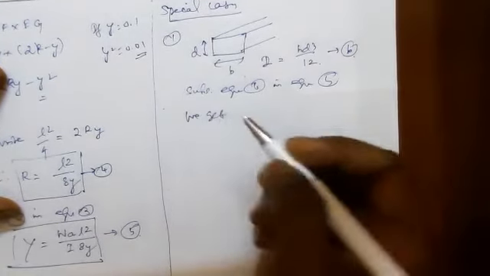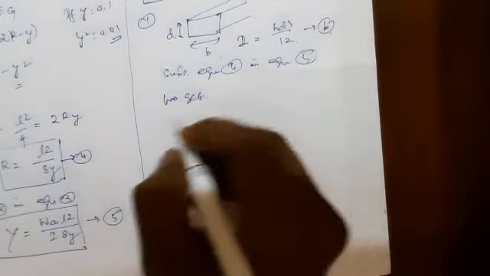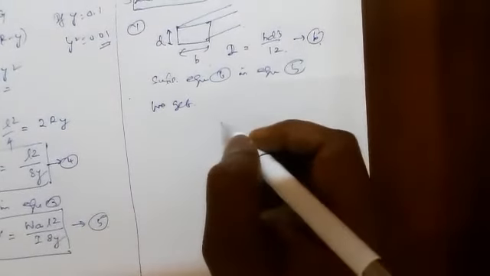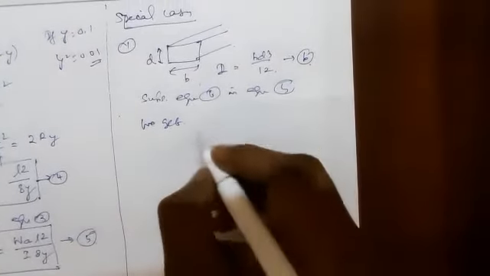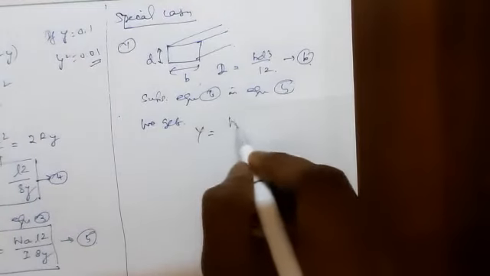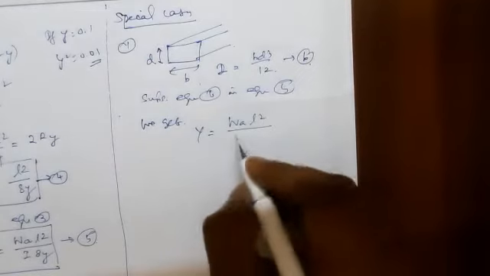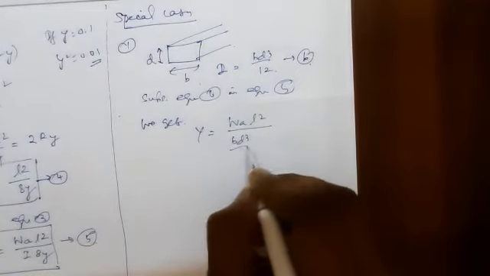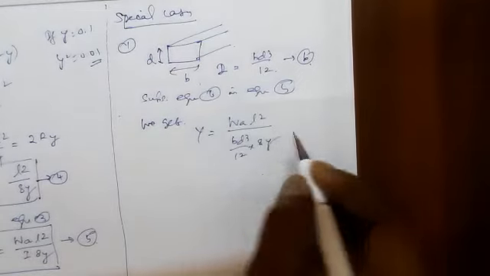We get capital Y equal to WAL squared divided by BD cubed divided by 12 into 8y.